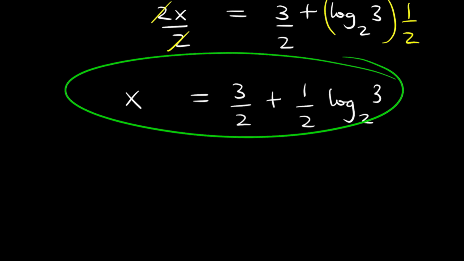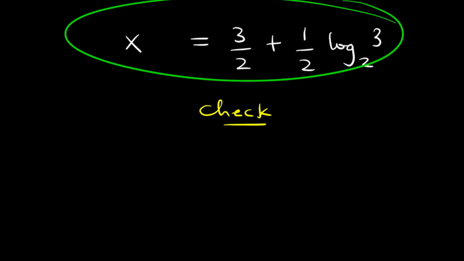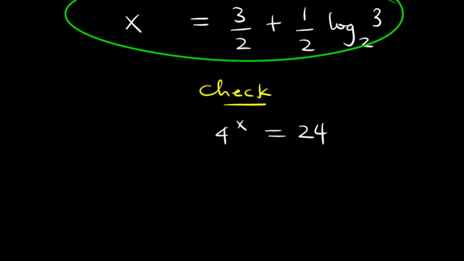And one way we can check if we are correct is to simply put this value into the problem that we started with, which was 4 raised to power x is equal to 24. I'll quickly do that.